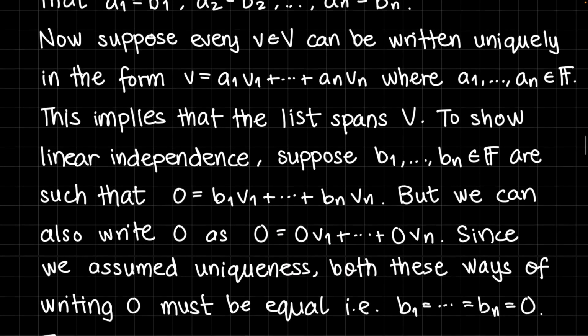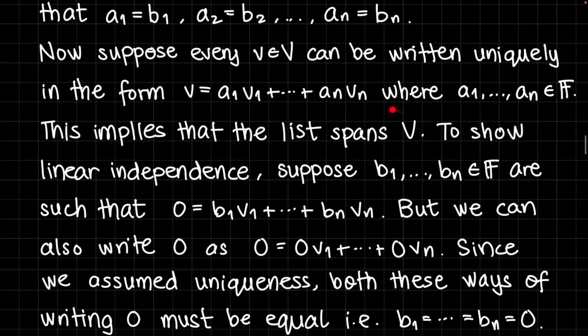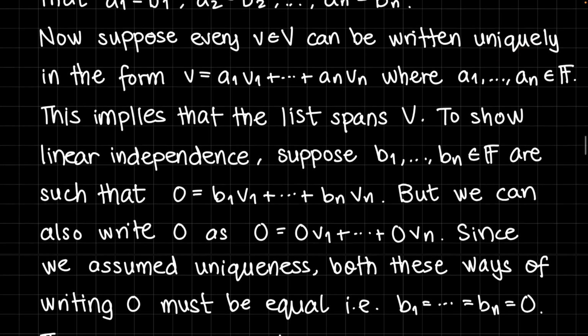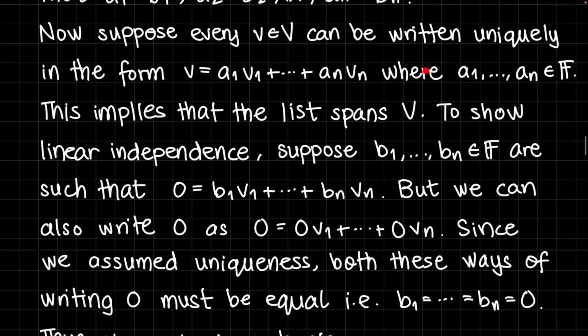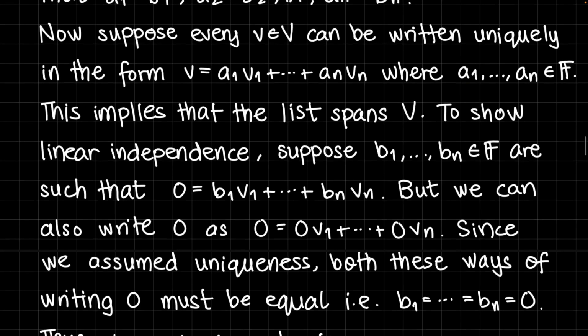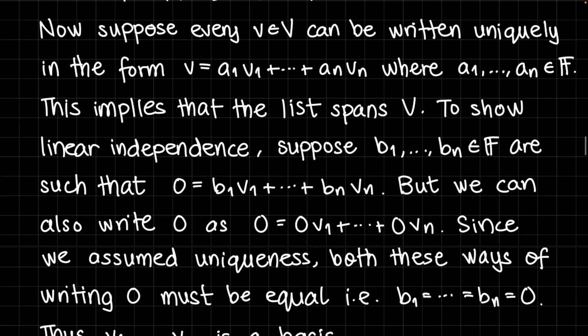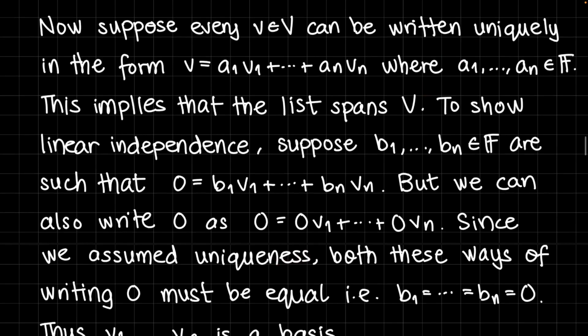Now we use the assumption of uniqueness. We've supposed uniqueness in this direction. So that means that both these ways of expressing 0 in terms of this list of n vectors v1 through vn must be the same, because we can express any vector uniquely as a linear combination of v1 through vn. Otherwise, uniqueness does not work, so we would violate our assumption. So we can't violate our assumption. Both these ways of writing 0 must be the same.